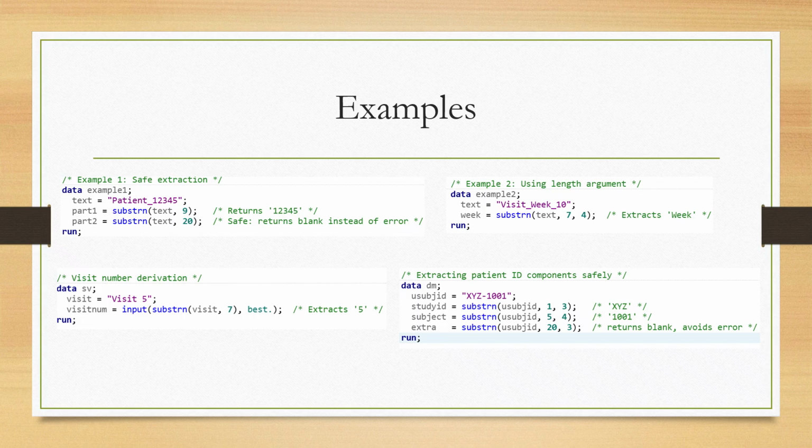Now coming to another example which we have seen with the SUBSTR function call in my other video. Here also I'm using the same example, but if you see the variable I'm creating, the variable extra, what I am trying to show is that when you give a starting position which is greater than the length of the string, the SUBSTRN function will return a blank and avoid an error message, whereas if you had given the same value in the SUBSTR function, it would have given an error message.